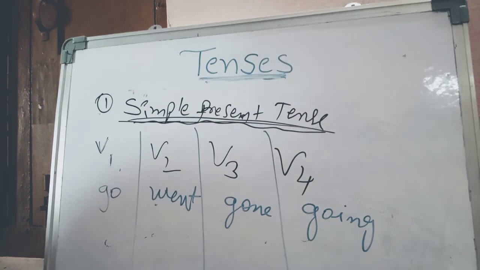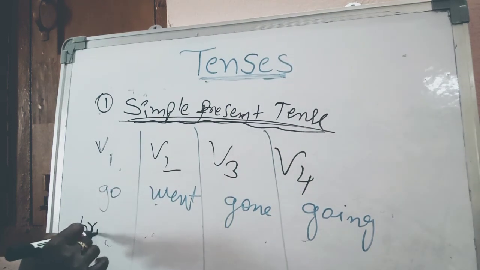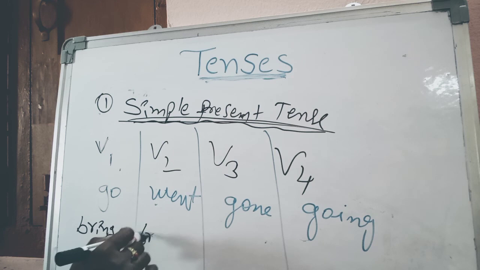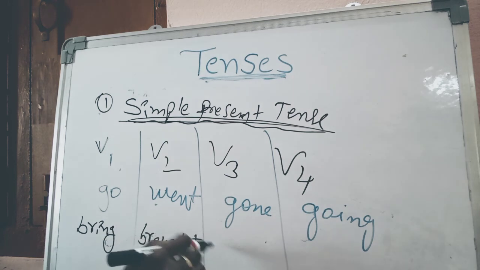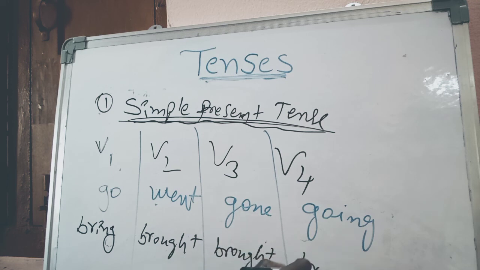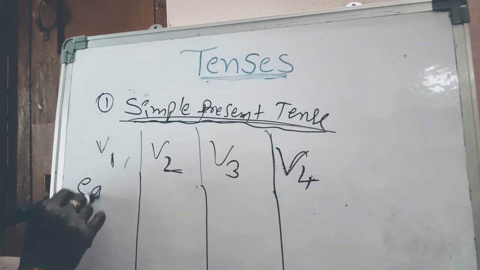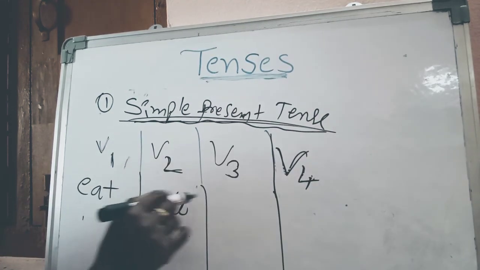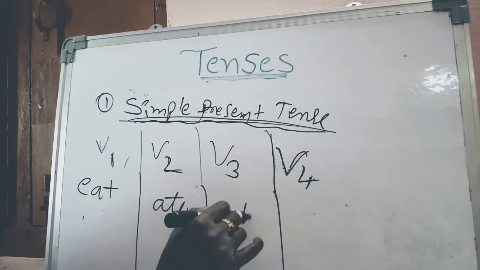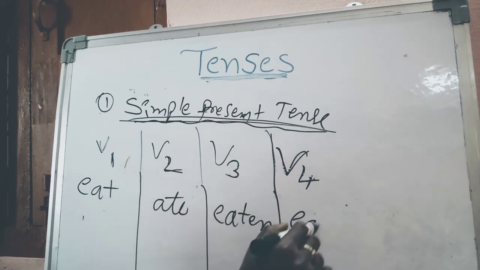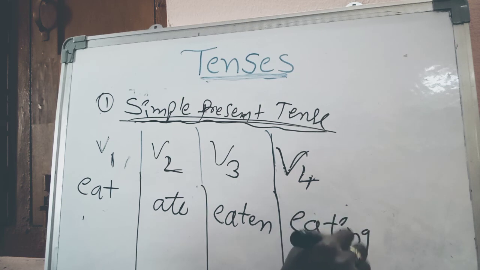Next, bring, brought, bringing. So these are examples of different types of verbs. Next, eat, ate, eaten and eating.